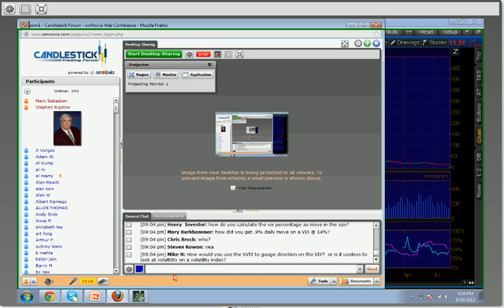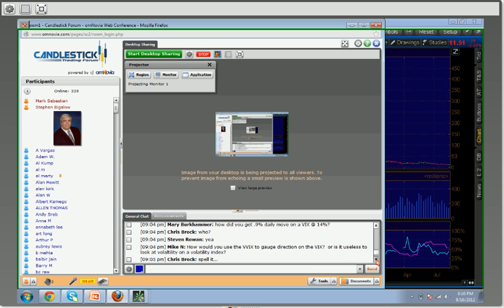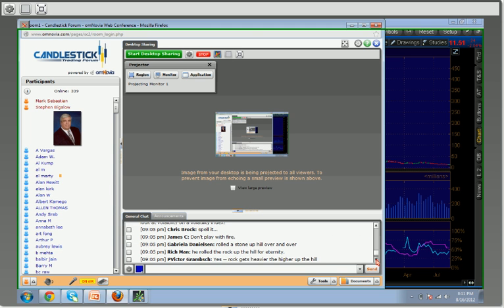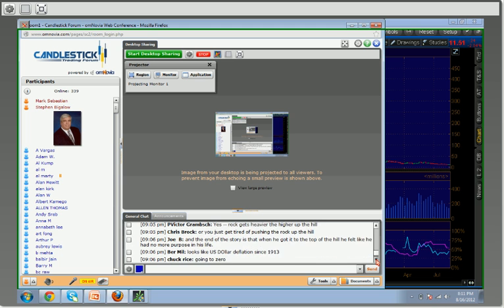So if you do the square root of 1 over 252, that will give you a one-day move.